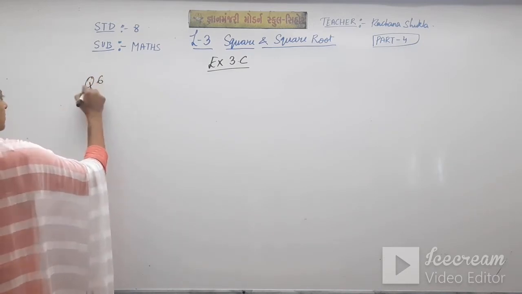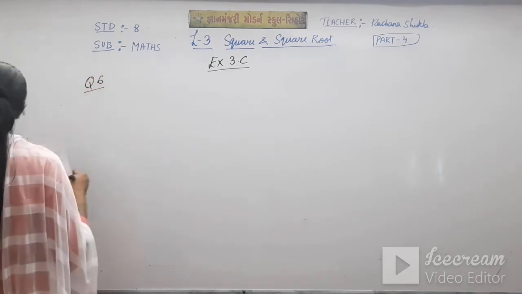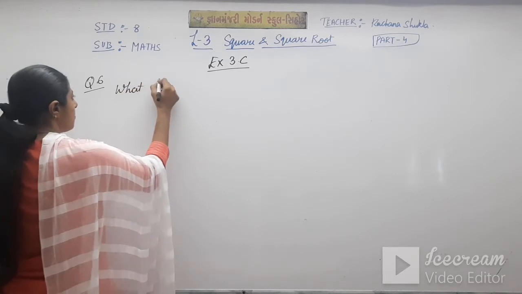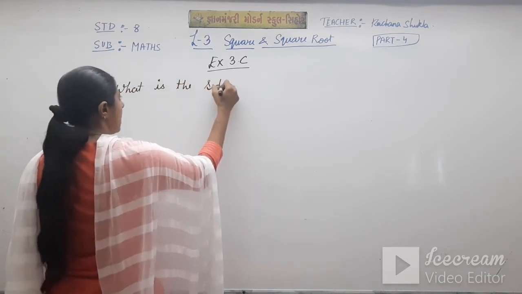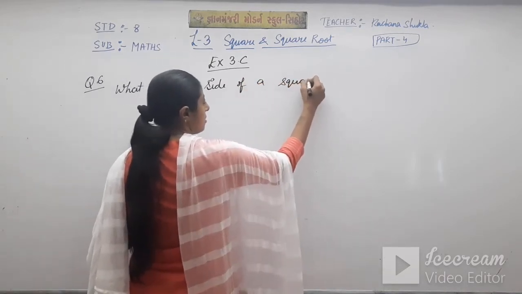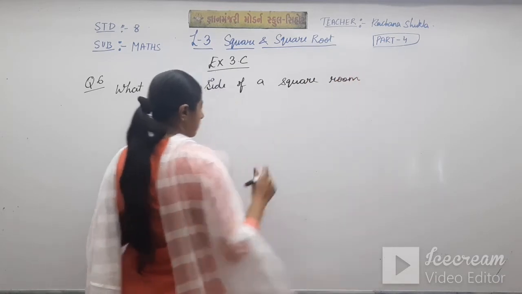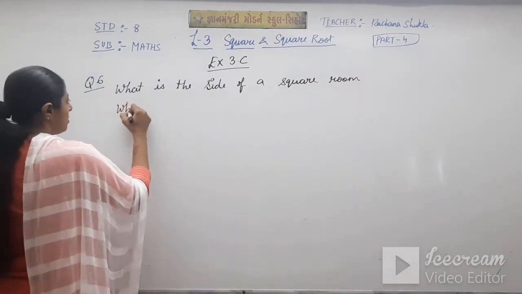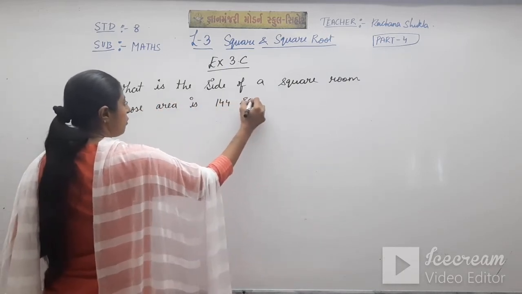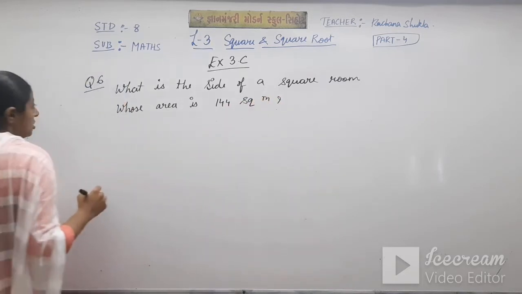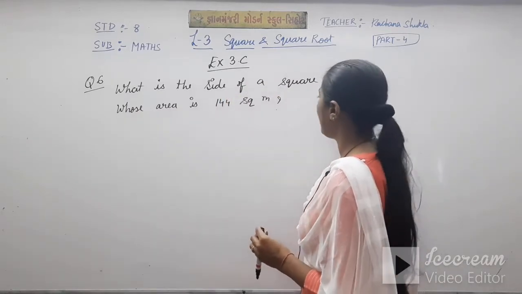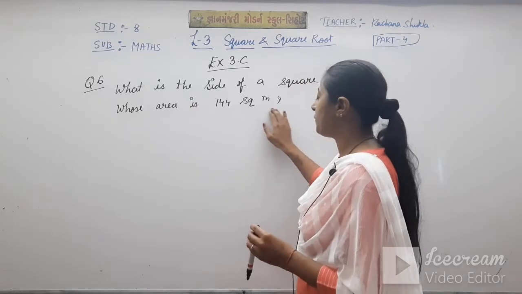The question is, what is the side of a square room whose area is 144 square meter?